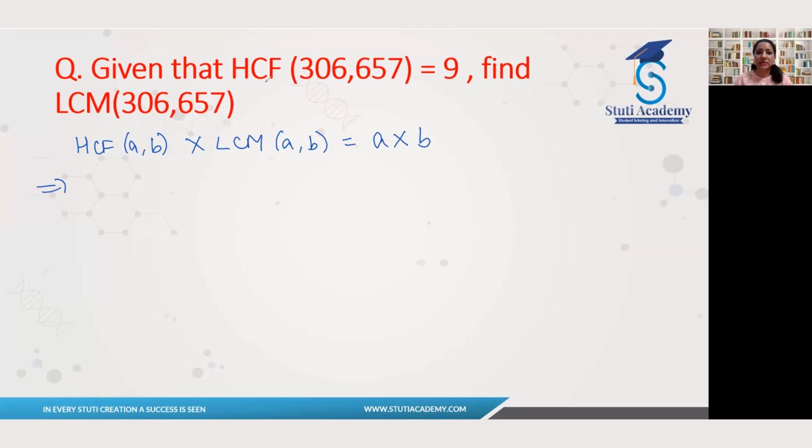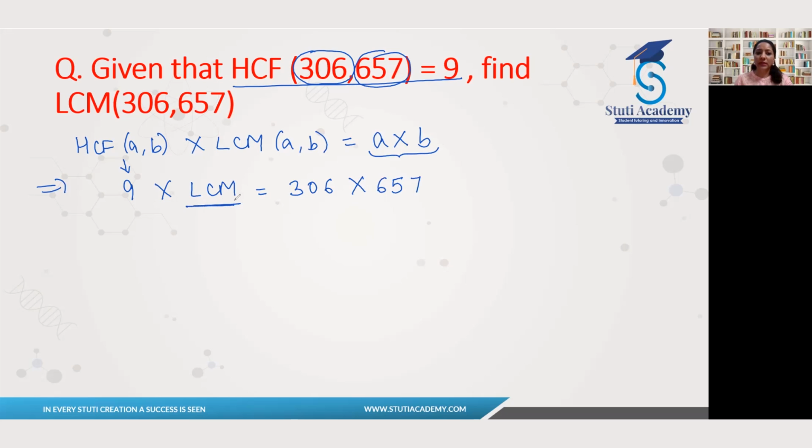So we have the HCF given to us as 9 here. So I'm going to replace this by 9. And LCM I don't know, so I'm going to just write LCM here. And I know this is the same as the product of the numbers, 306 and 657. So I'm going to write 306 times 657.